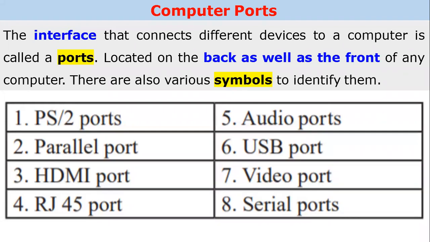Here you can see some examples. Here I am giving 8 types of ports, but there are more than 8 ports on a computer. Laptops have few ports, because most devices nowadays can be attached using the USB port. Therefore, a laptop has only 1 or 2 types of ports.